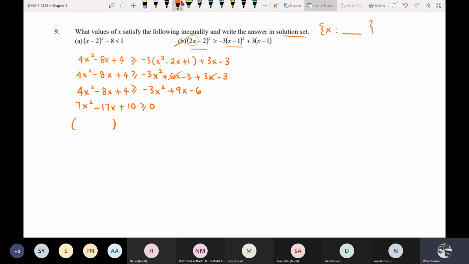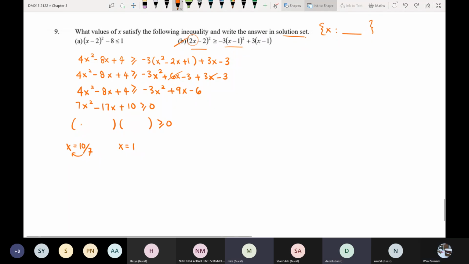Okay, press the calculator. What is your factor? Wait, madam, I got decimals. 10/7 and 1. x equals 10/7, x equals 1. So this is 7 times that, 7x minus 10.